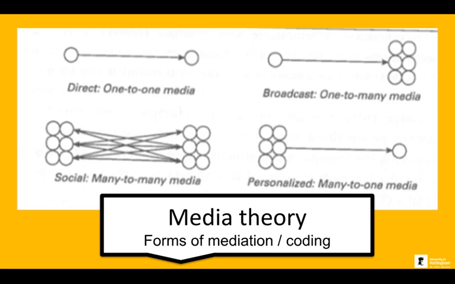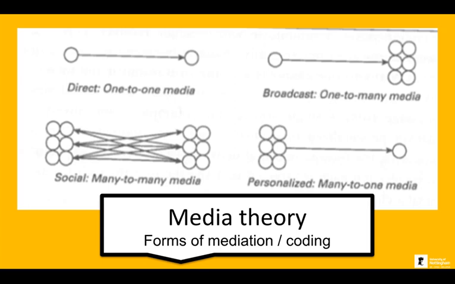The telephone is another media which allows one-to-one communication. You can't telephone me, but you can telephone your friend, and you can talk to each other, one person to one person. It's a one-to-one media.